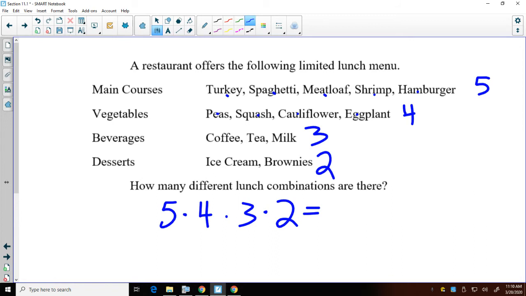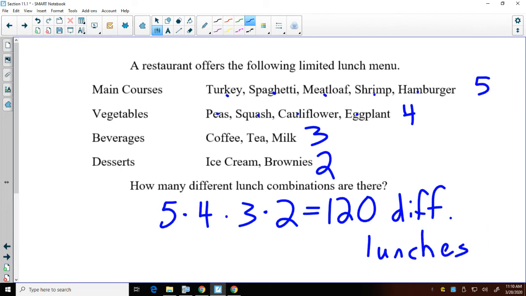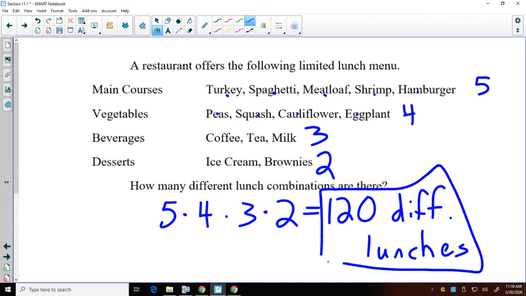So 5 times 4 times 3 times 2 equals 120 different lunches. It's that easy. I promise you, there's no catch. You just have to think about what's going on in the problem. What is it asking?